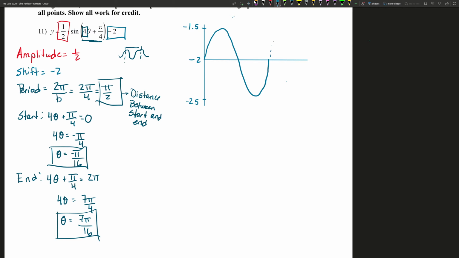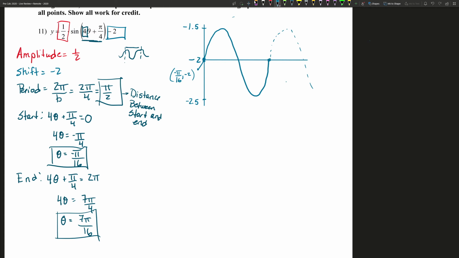It keeps going, but we're just worried about the period that I have drawn. All right, so the start point, that point right there, is -2. Sorry, not -2. It's -pi/16 comma -2. All right, so that's the start point.